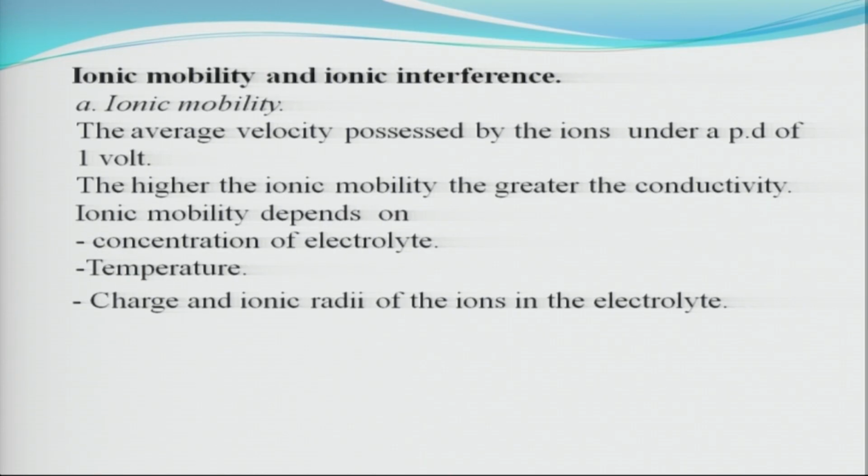Meaning if the concentration of the electrolyte is high, the ions will not move freely. You just imagine you are driving a car, and there are very many cars in the way.